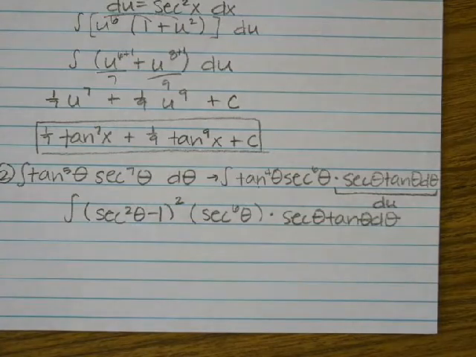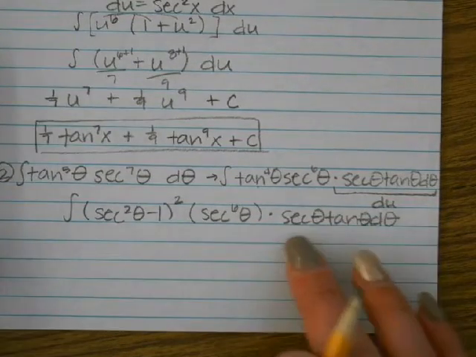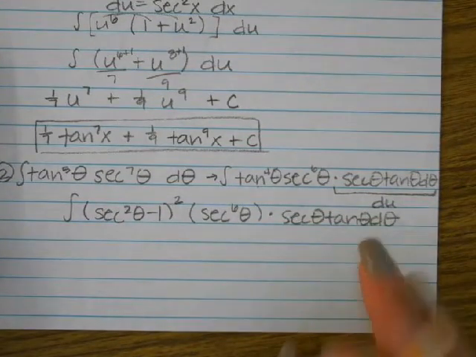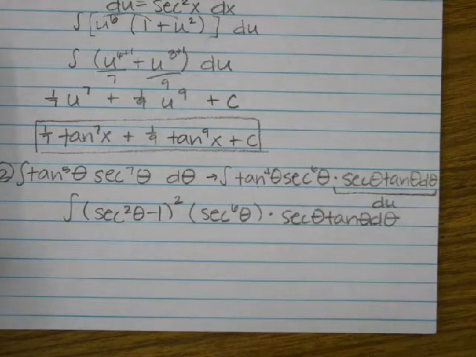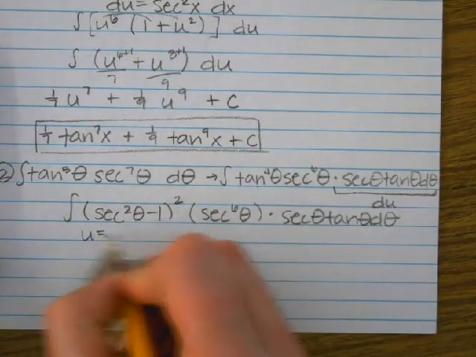Now, when you do this, we're going to have a bit of simplifying before we can actually integrate this. I think it's a little bit easier to do the simplifying after you've put the u into the problem. So I'm going to go ahead and say that since this is my du, I already know that my u has to be just a plain secant. Okay, so u is a plain secant.